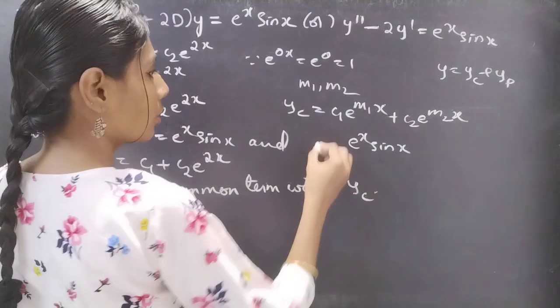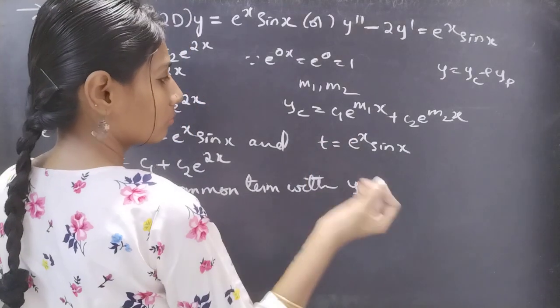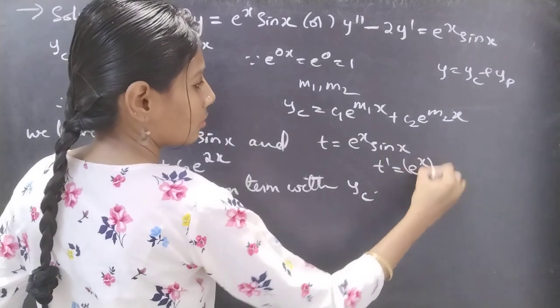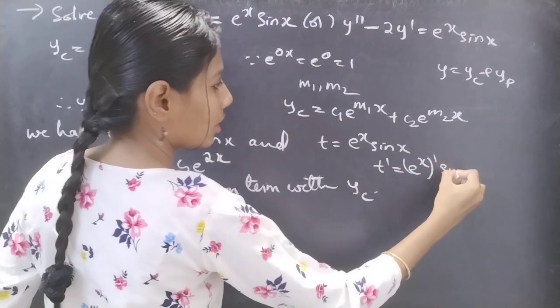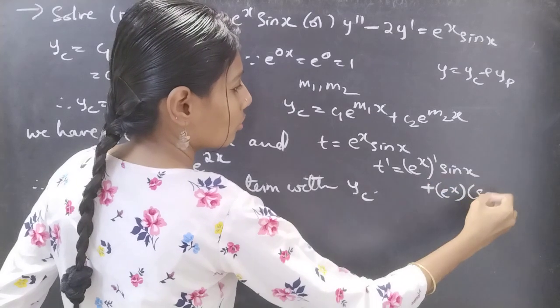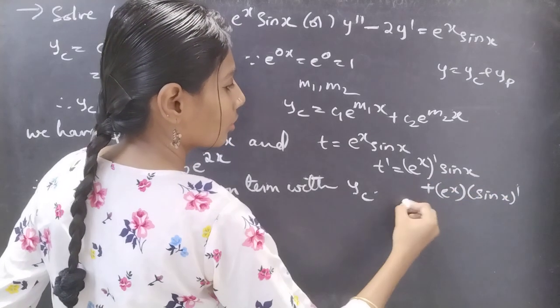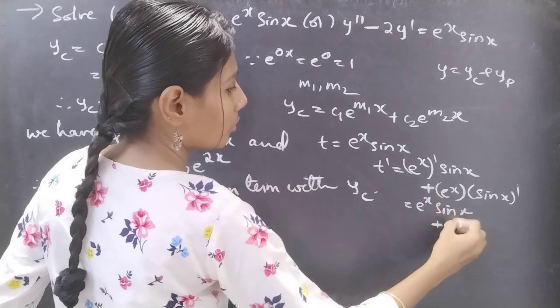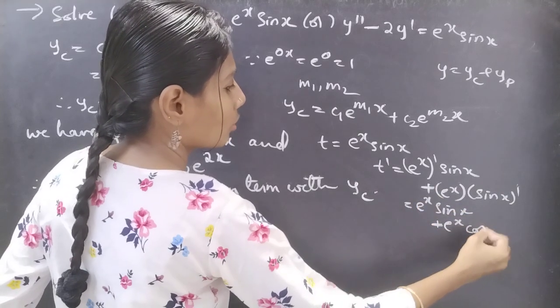Call it t, say. Then t' will be the derivative of e^x into sin x plus e^x into the derivative of sin x, which gives e^x sin x + e^x cos x.